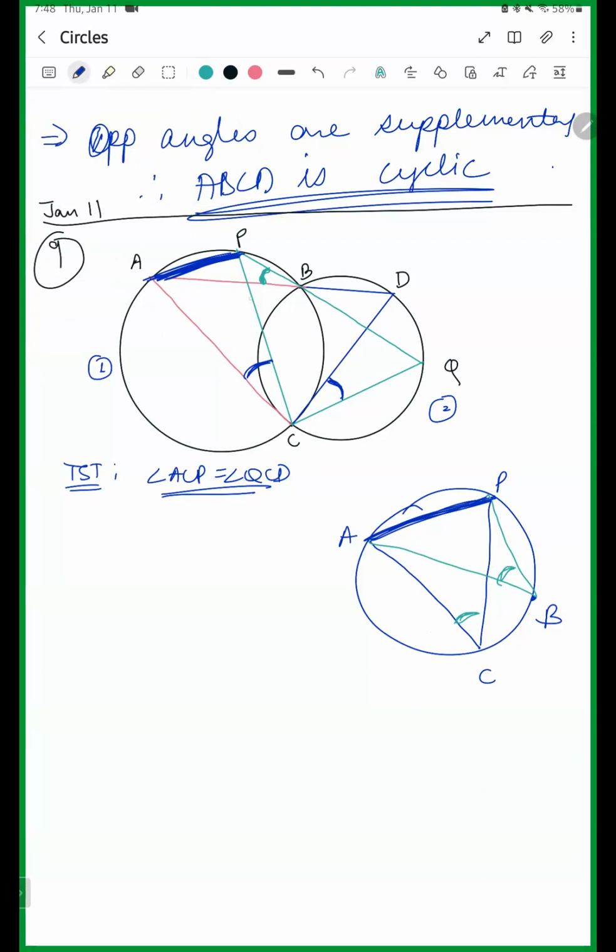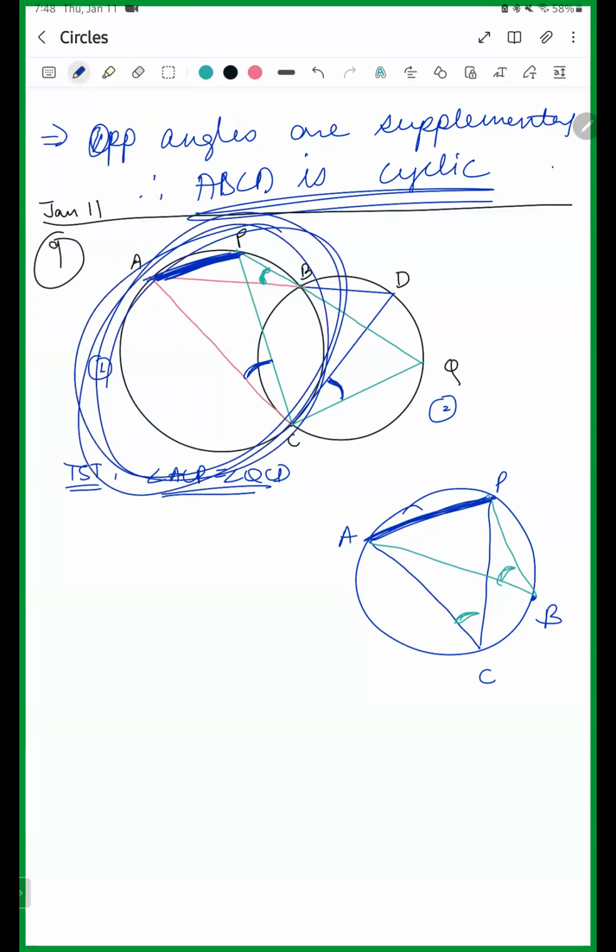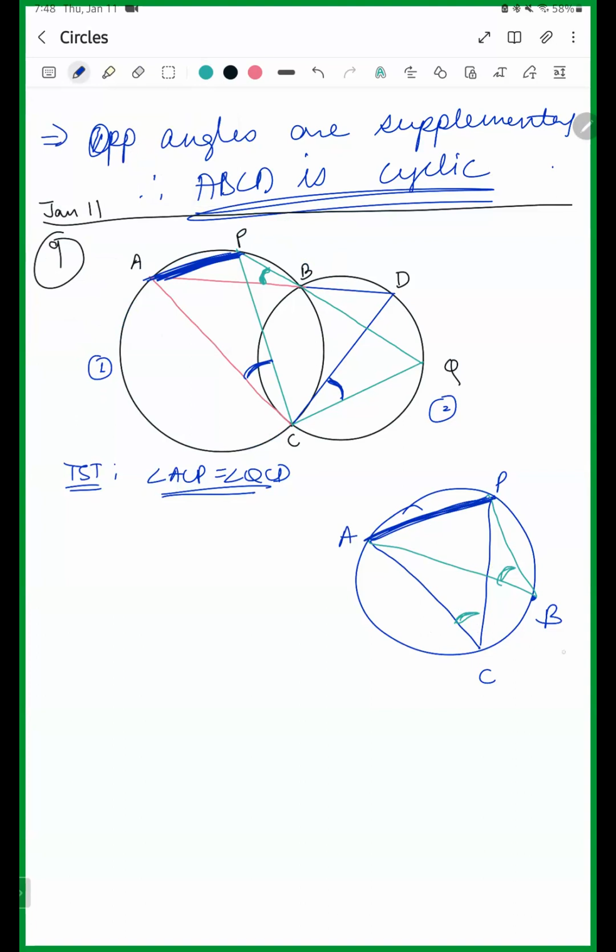I know it will be a little difficult for you to see it in this figure, so I've drawn another figure separately.